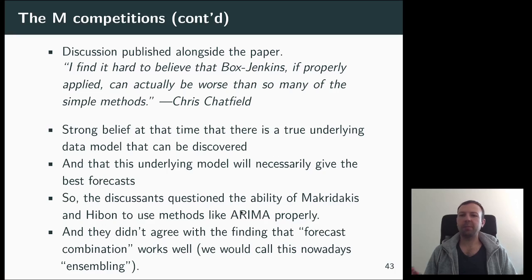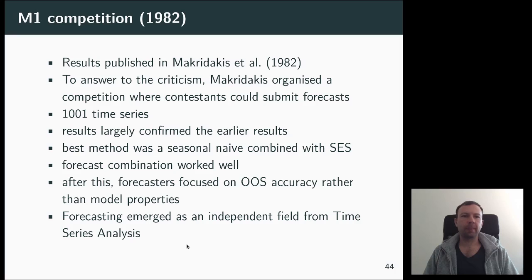Yeah, so some of the comments are getting even quite personal, saying that Makridakis and Hibon don't know how to use these methods. And also the discussants in general didn't agree with the finding that forecast combination works well. Nowadays we would call this ensembling, as I said before.